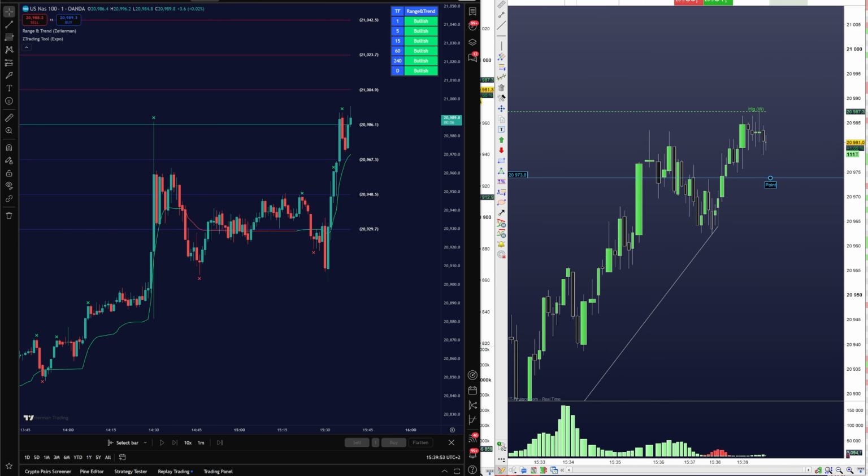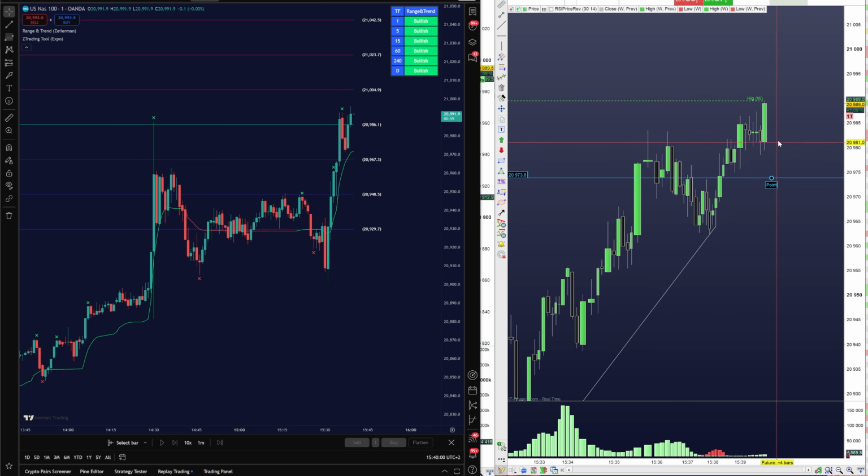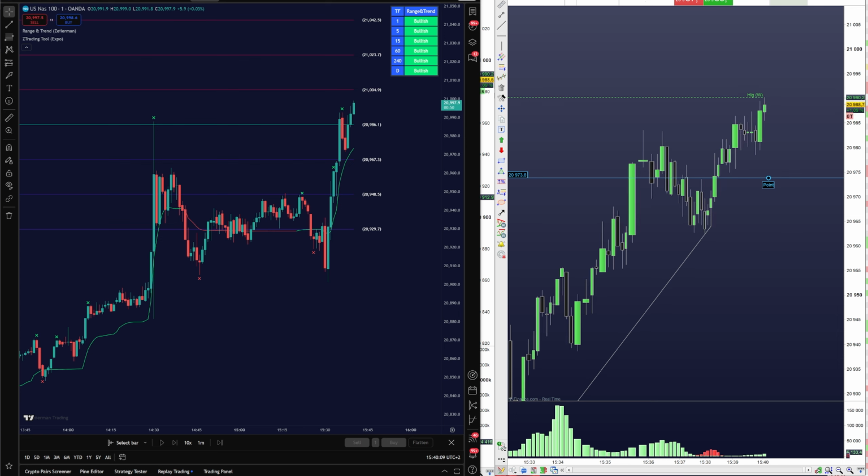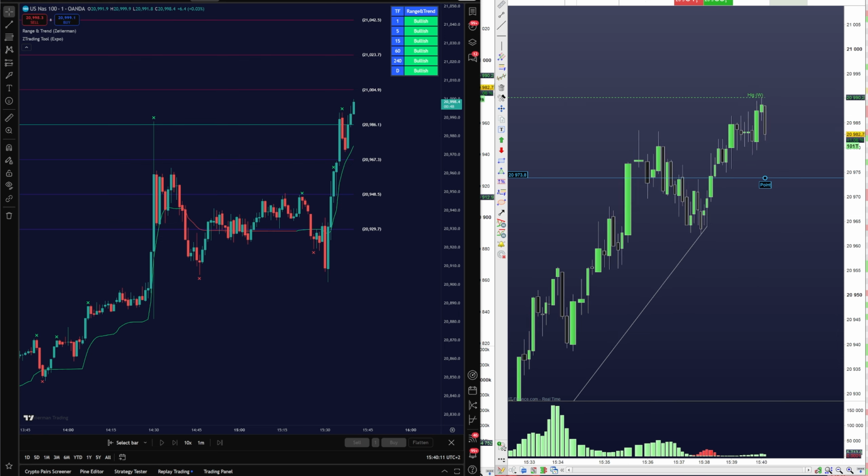Maybe on this one, since I'm taking it quite high from the opening level, I will have a strict stop loss. But you see, we are in, it's just 20 points profit, but it's still profit. Volatility comes in right now. Nice candles up and down.